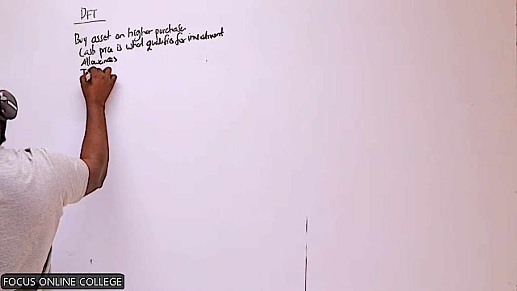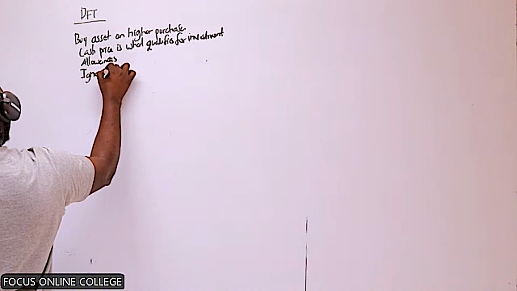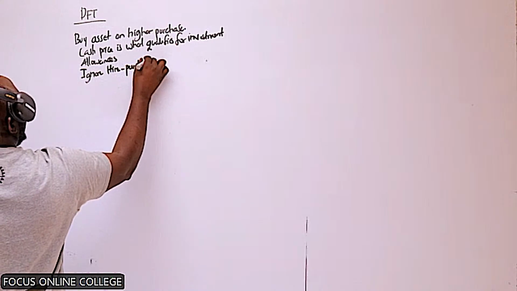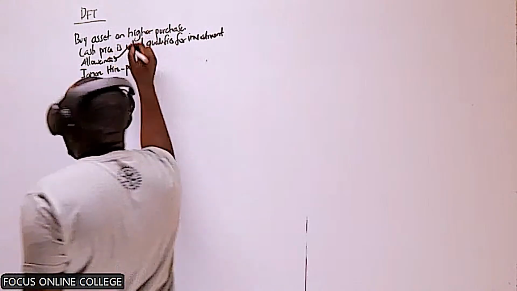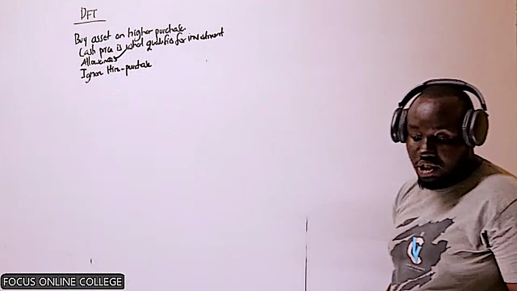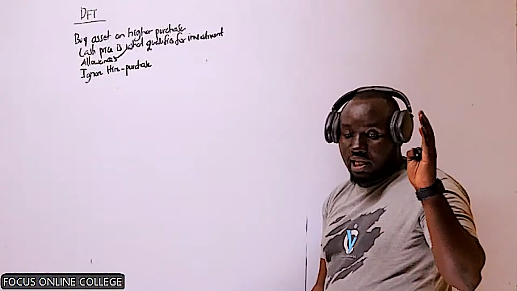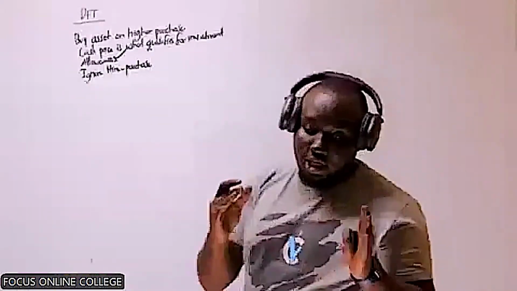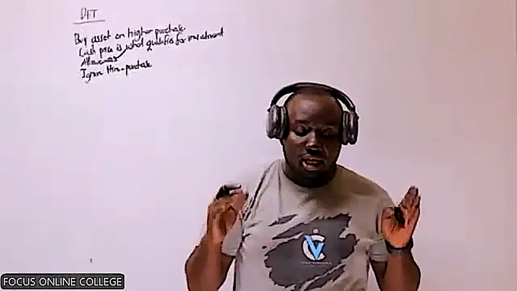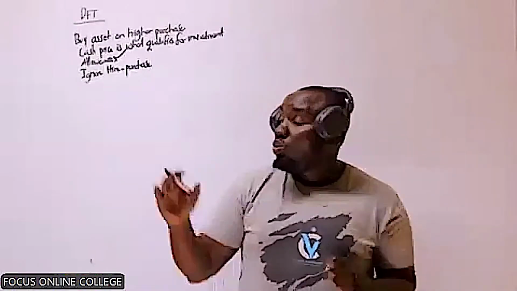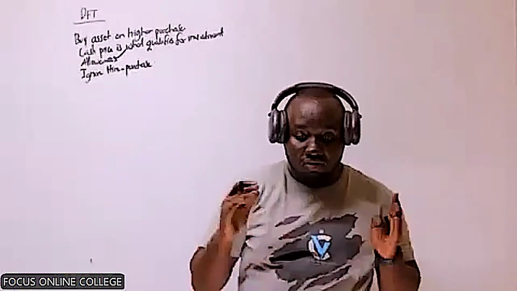We ignore the hire purchase. So what qualifies for investment allowance? It is the cash price, and we ignore the hire purchase price. Together, team: what qualifies for investment allowance in case of hire purchase?